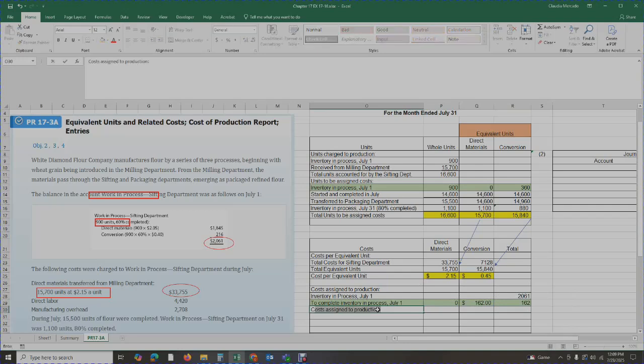Next we have the cost of completed July 1st work in process. So to get the cost of completed July 1st work in process, we're going to add those two numbers.